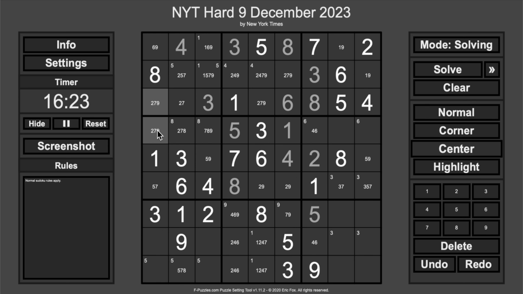I got 2/3 of a 279 here. I can't do anything else with it.